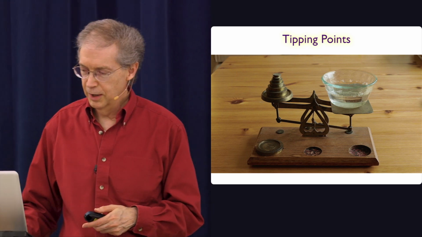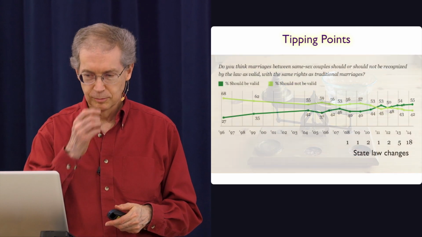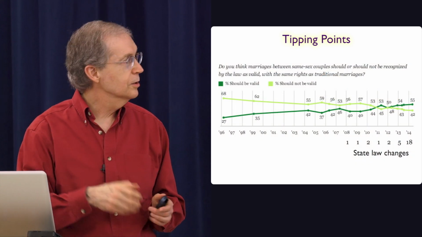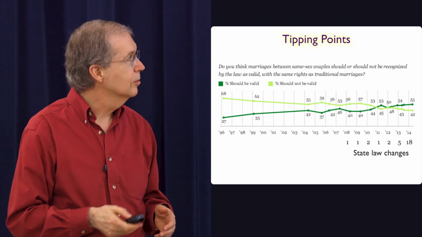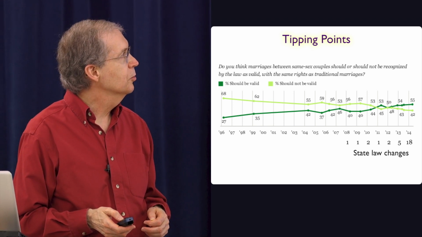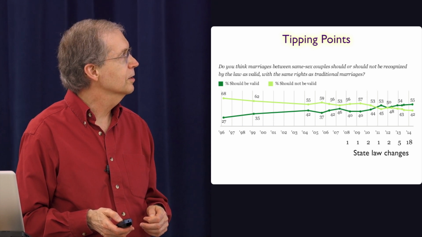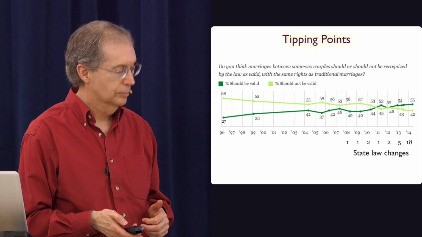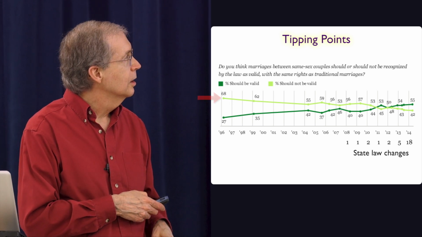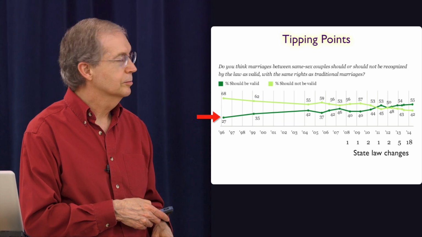And I want to illustrate that in a political context. Here's the Gallup poll asking people in the US, do you think marriage between same-sex couples should or should not be recognized by the law as valid with the same rights as traditional marriage? This is the should not be, and this is the should be.